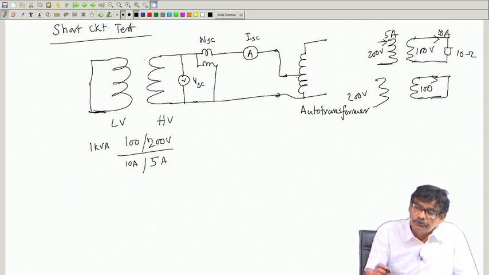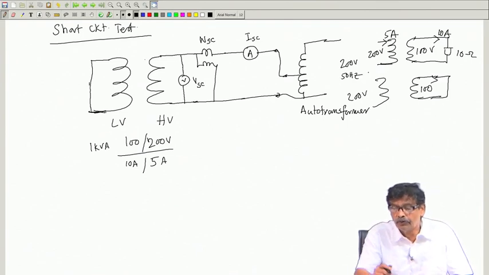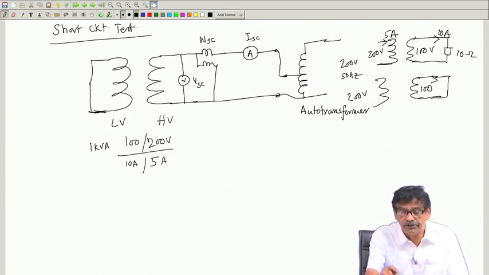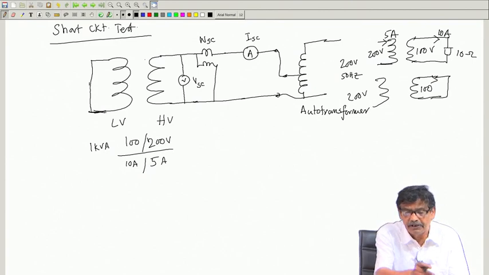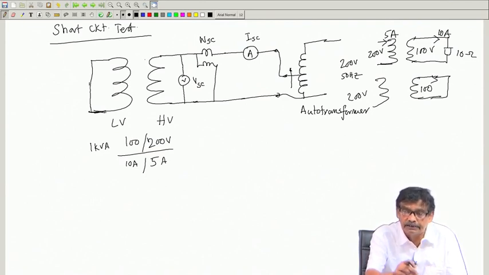So, on this side, the supply voltage is 200 volt, 50 hertz. Set the auto transformer pointer at 0, so that the output is 0 here, and no current flows even when it is short circuited. Now, gradually increase this pointer, so that you are applying more and more voltage, certainly not 200 volt, a fraction of that.